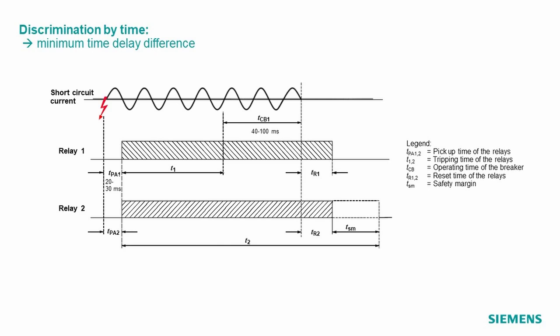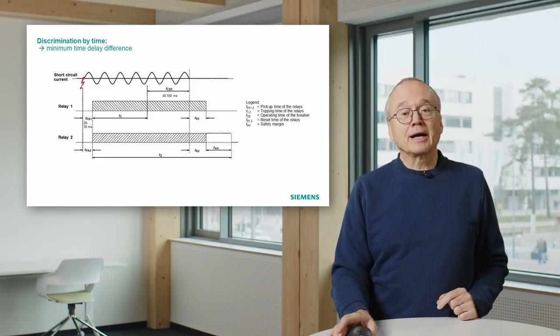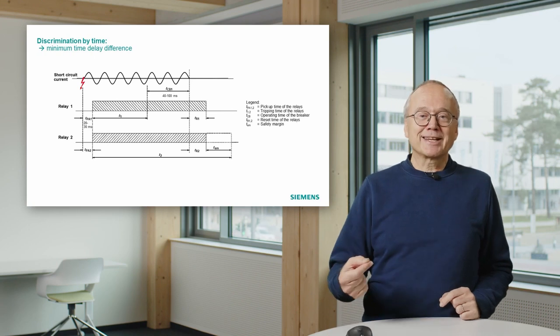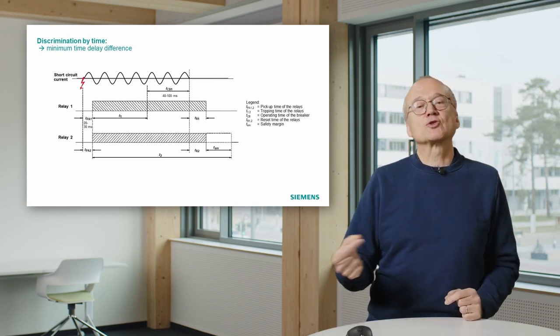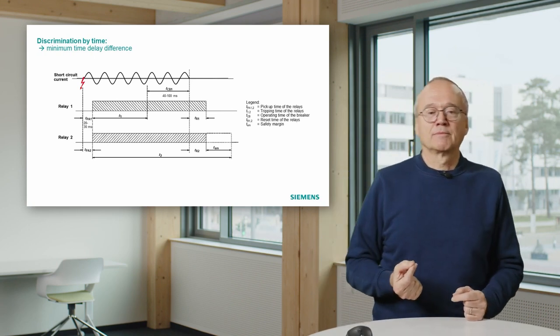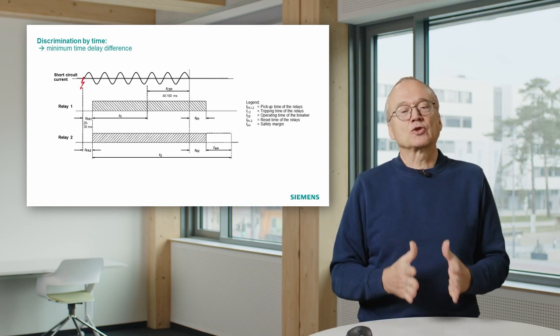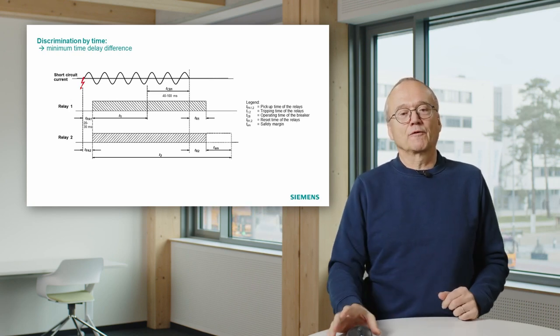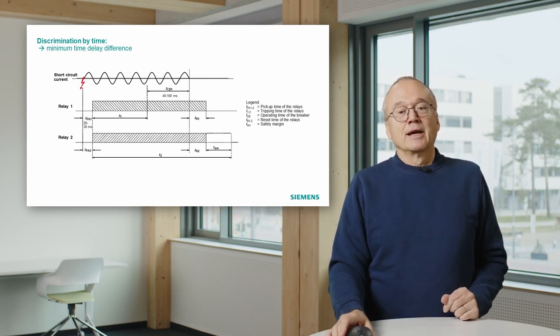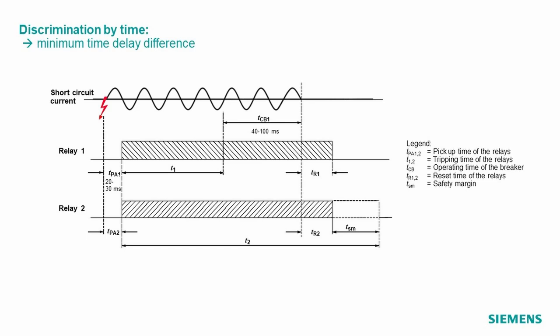And then after the fault has gone, relay 2 needs some time to detect that the fault has gone. That's the so-called reset time. Again, that depends on the algorithms, on the data window of the algorithms. So we must be careful that the timer of relay 2 does not elapse before the reset time is over.